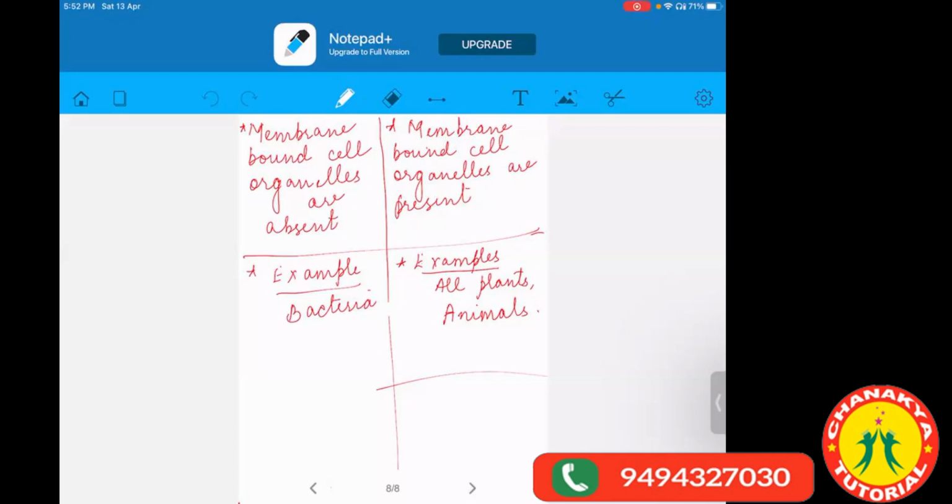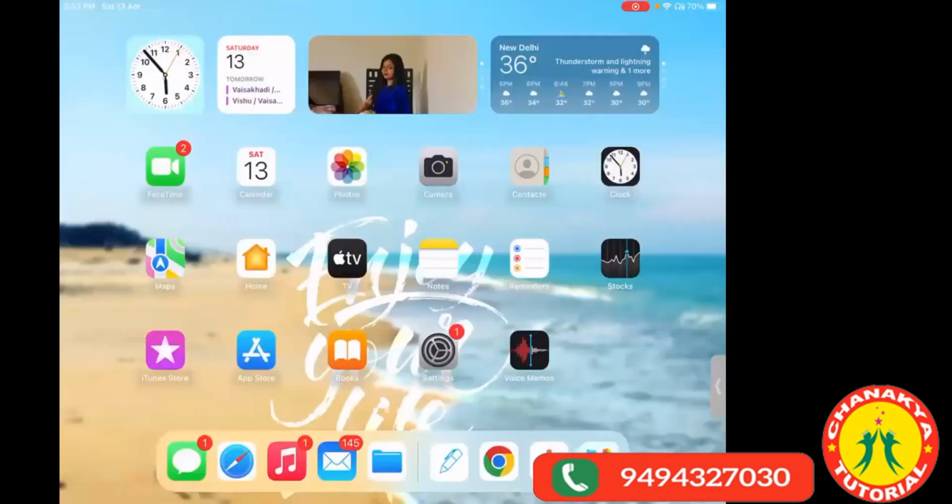Whereas in the eukaryotic cells, if any organelles have a membrane, they are present in them. So anything else, children, you want to ask?